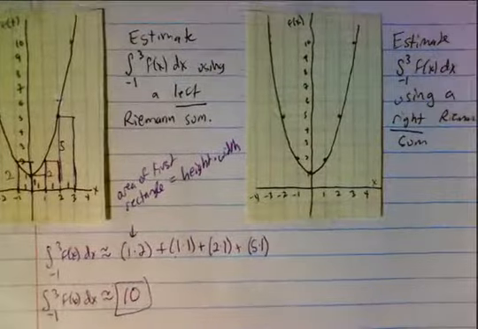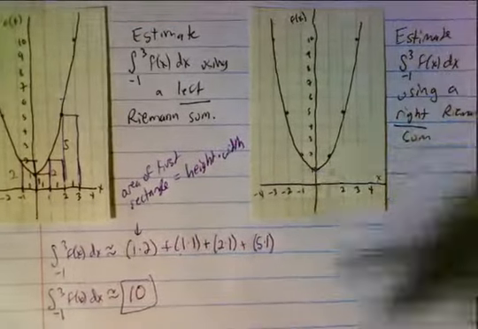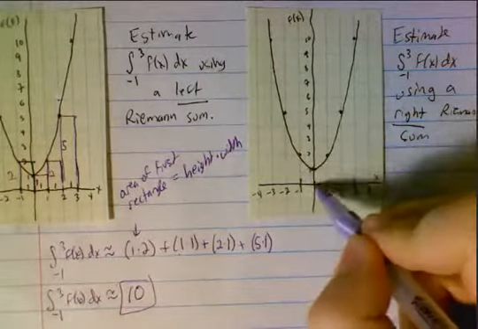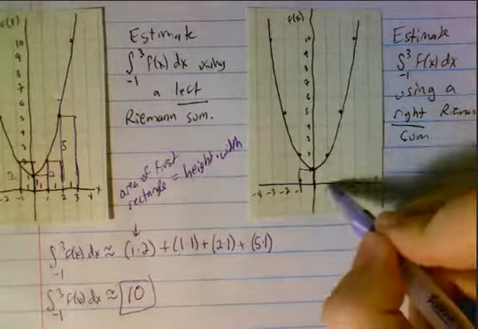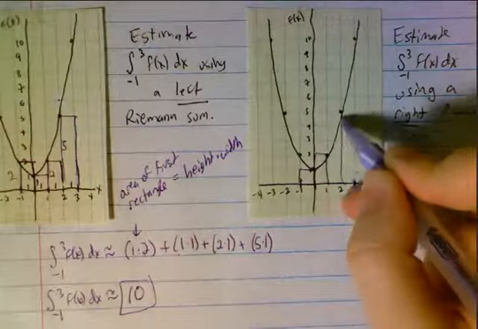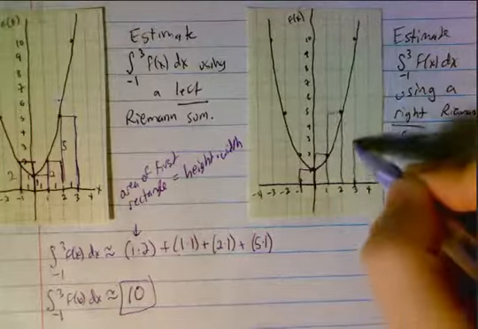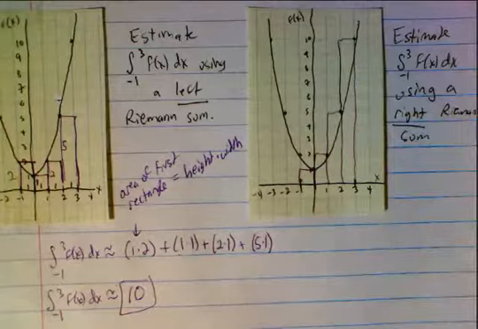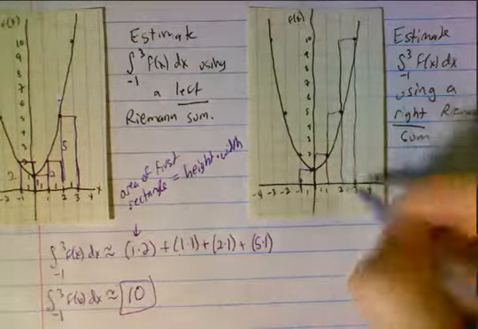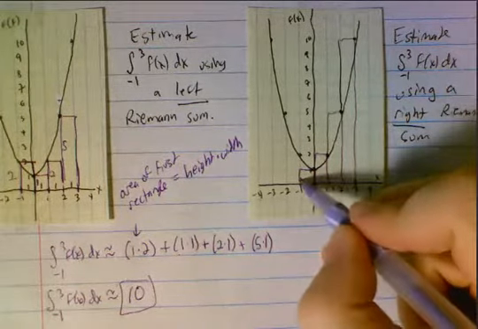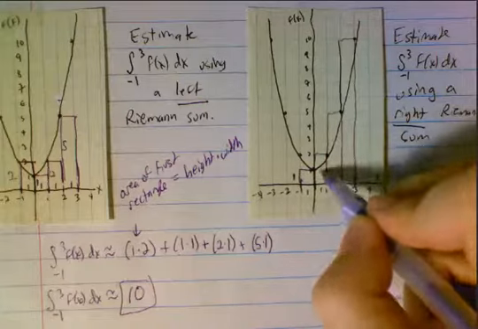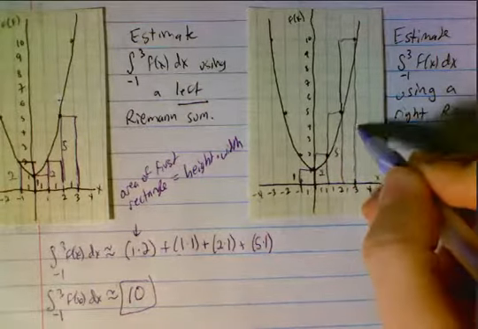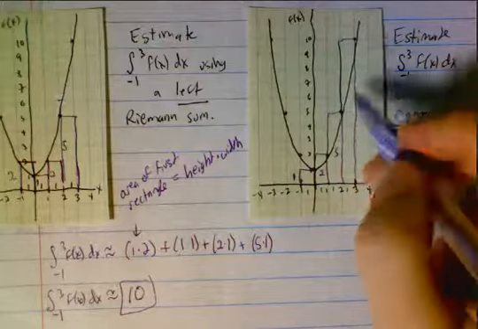Over on this side, I'm doing almost exactly the same thing, same interval, from -1 to 3. But now when I draw my rectangle, I want the right side to touch, like so. The width again of each of these is 1. The height is 1 there, 2 there, 1, 2, 3, 4, 5 here, 1, 2, 3, 4, 5, 6, 7, 8, 9, 10 here.